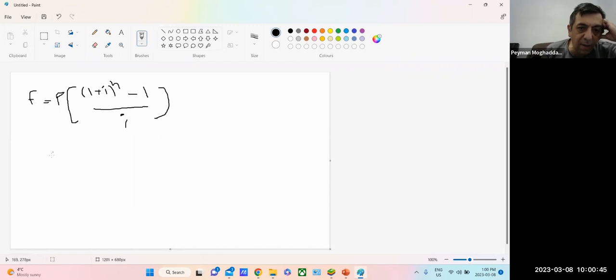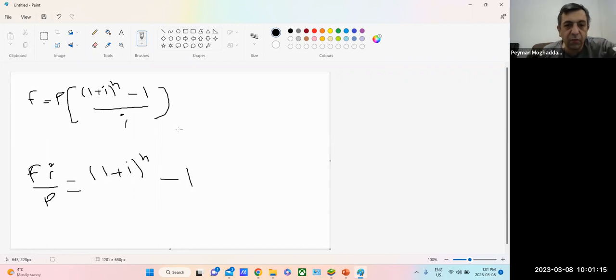FV divided by PMT multiplied by I is going to be 1 plus I power of n minus 1. So now I want to isolate for n. So FV times I divided by PMT, plus 1.